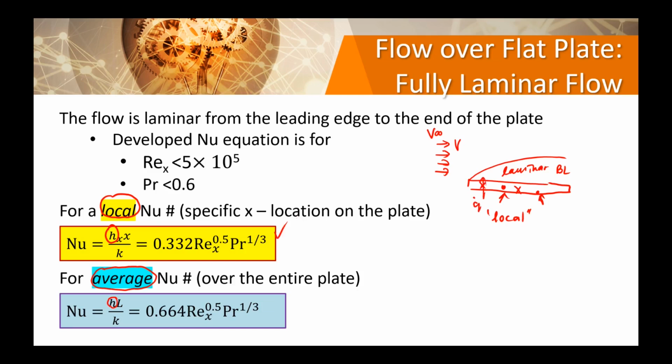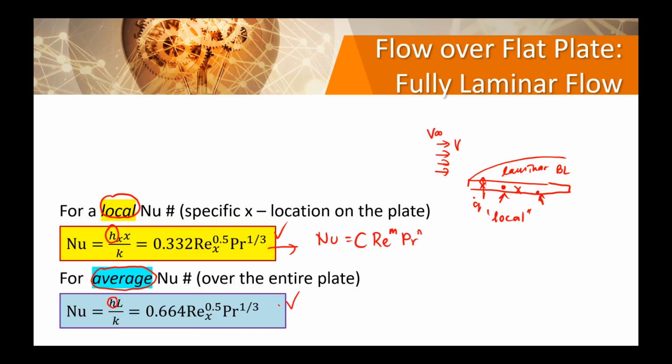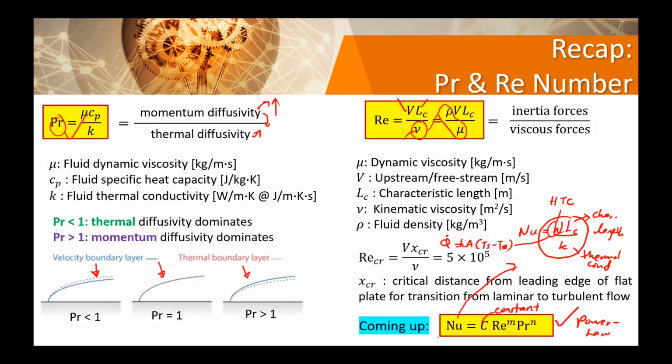But if you want to have an overall heat transfer, you have to use the blue one. You see, this was what I was talking about. Nusselt number is a constant times a Reynolds number raised to the power of m, and Prandtl number raised to the power of n. Remember this guy.